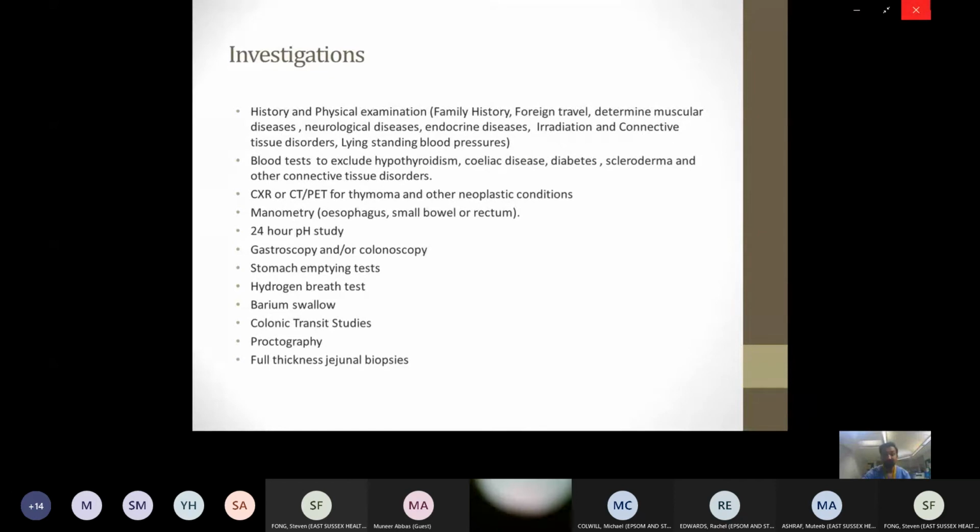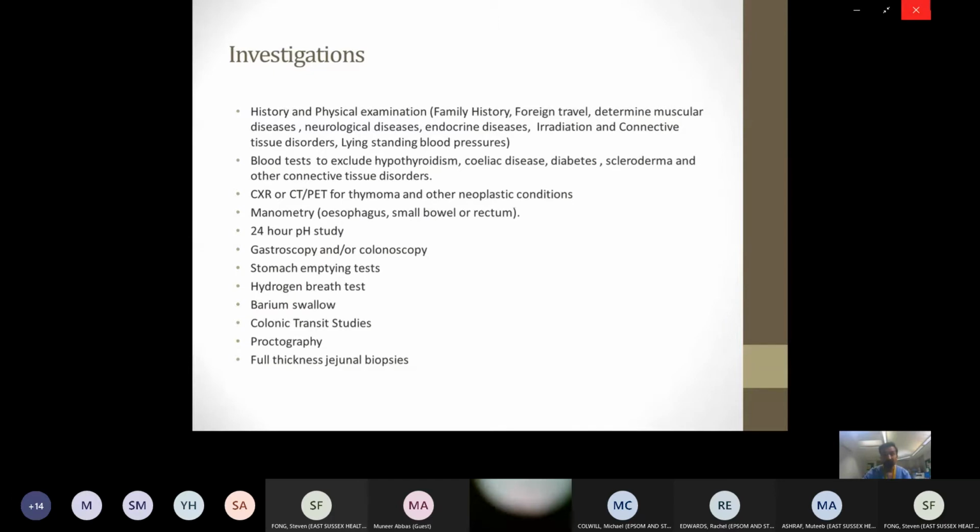Family history can suggest connective tissue diseases, and foreign travel can suggest Chagas disease. We should determine muscular diseases, neurological diseases, endocrine diseases, history of irradiation and connective tissue disorders, and lying and standing blood pressures if there is autonomic involvement as well.